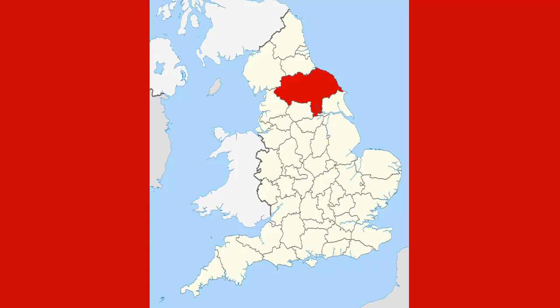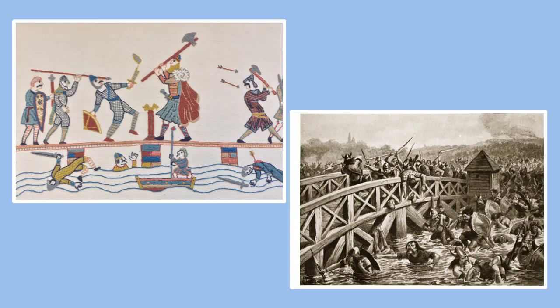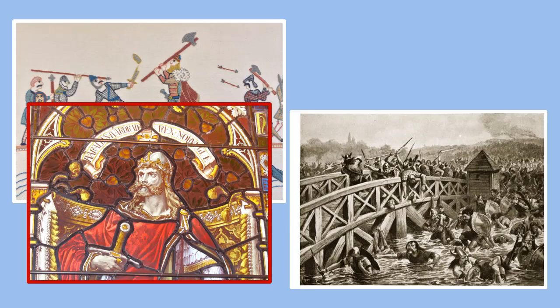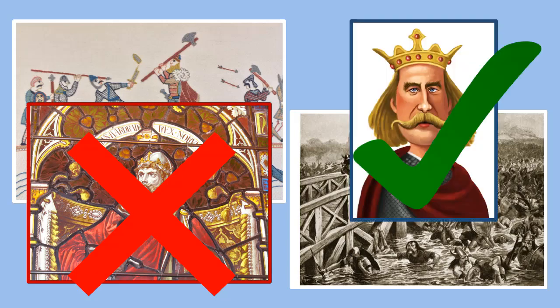Luckily for Hardrada, he and his army landed near the old Viking city of York. He and Harold Godwinson's army began to fight each other until the English eventually defeated Hardrada and killed him. So in this first battle, Hardrada lost and Harold won.